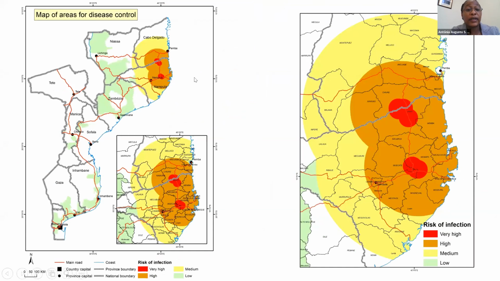The map shows the risk of infestation. Here is Nampula, and in the other districts around Monapo the risk is high, so we have to monitor this area regularly to ensure that the disease does not spread to other districts in the province.